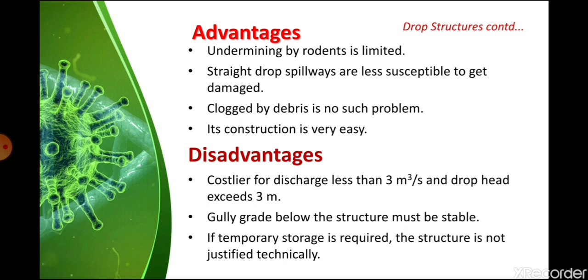And since excess amount of flood is passing through the apron, after the apron, in the downstream area, the gully grade is difficult to maintain. So you have to install a number of controls, a number of drop structures at different intervals. Then only your gully slope could be stabilized.